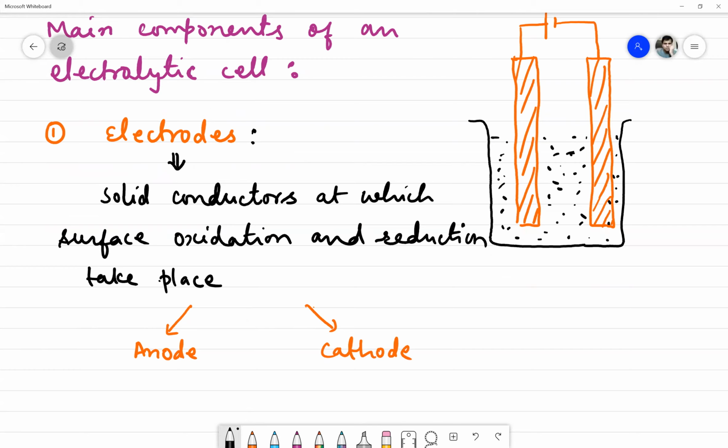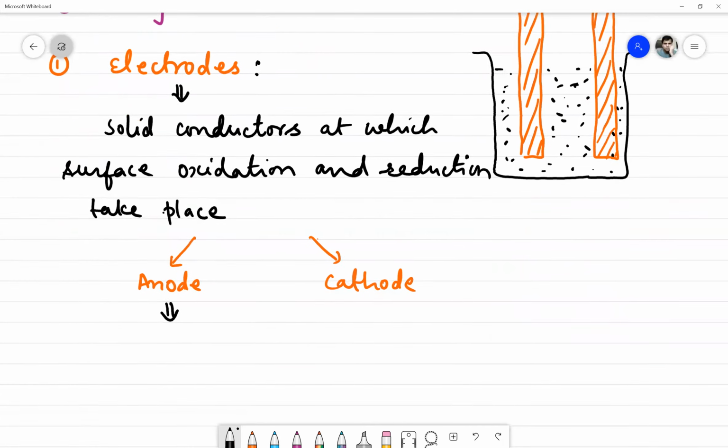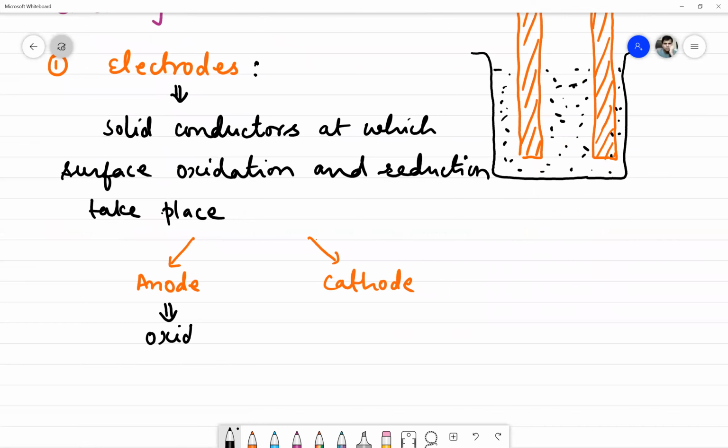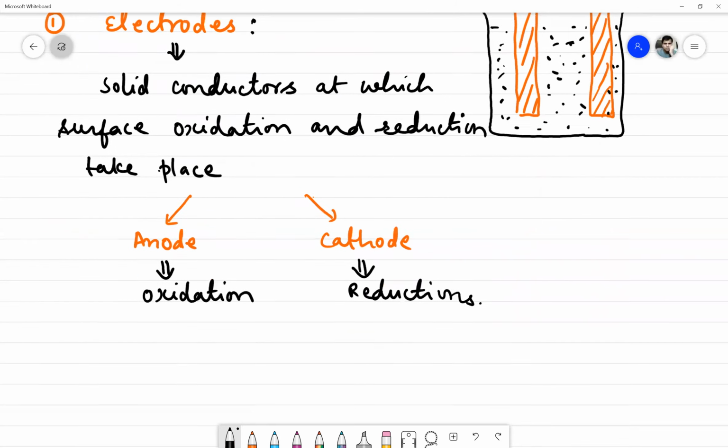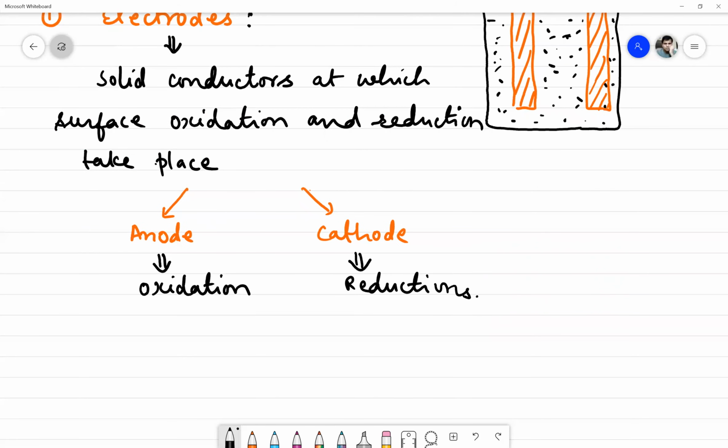Okay, at anode oxidation reaction takes place and at cathode reduction reaction takes place. And both anode and cathode are generally made of active metals.